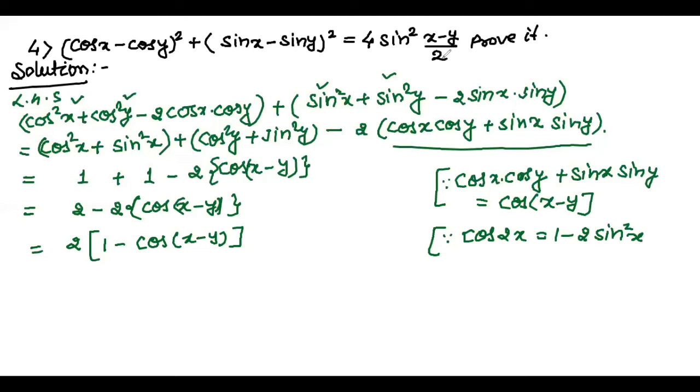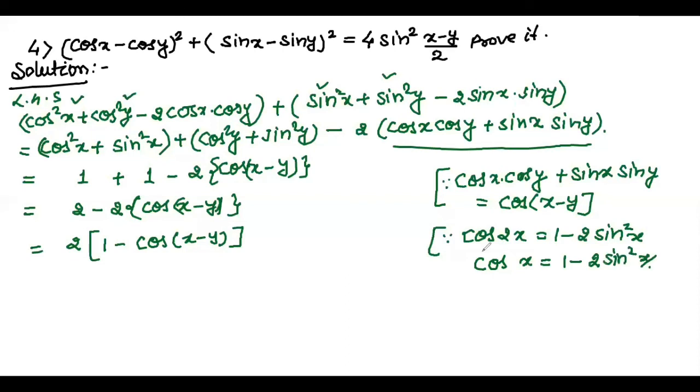If cos 2x equals 1 minus 2 sin square x, then in place of 2x I am taking x, so we will have 1 minus 2 sin square x by 2.